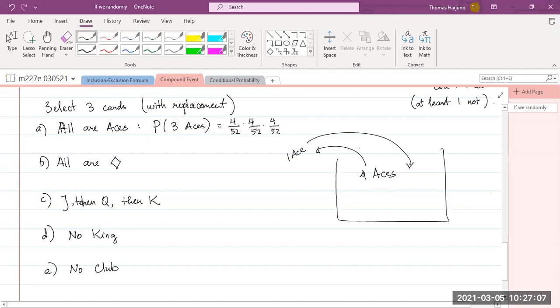The deck has not changed. That creates the independence case. The probability of getting an ace the second time is independent of whether you got an ace the first time or not.